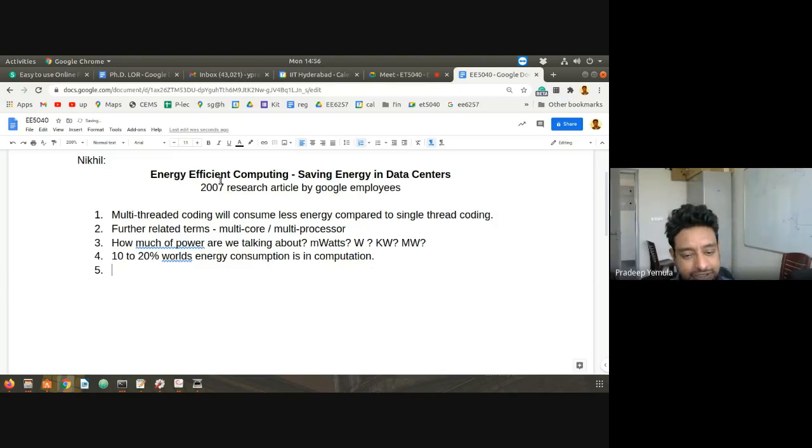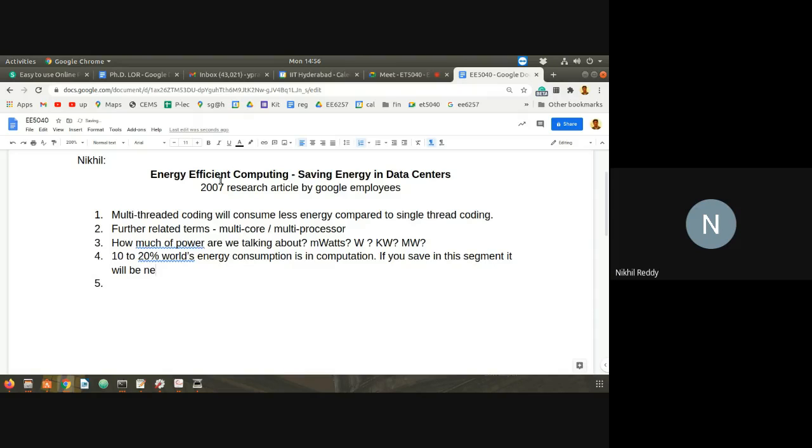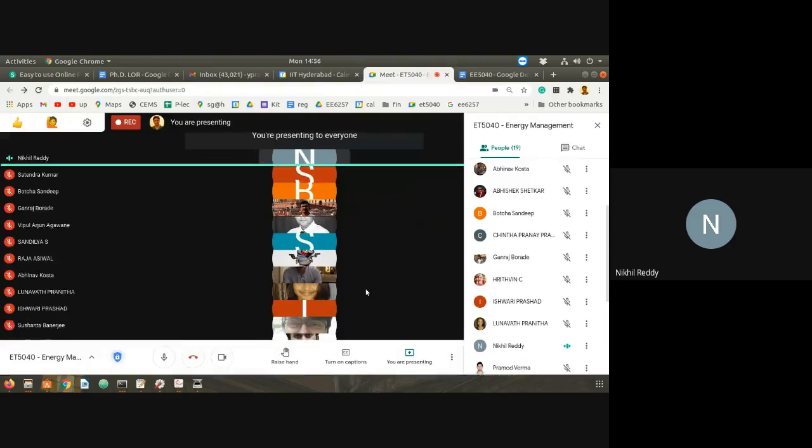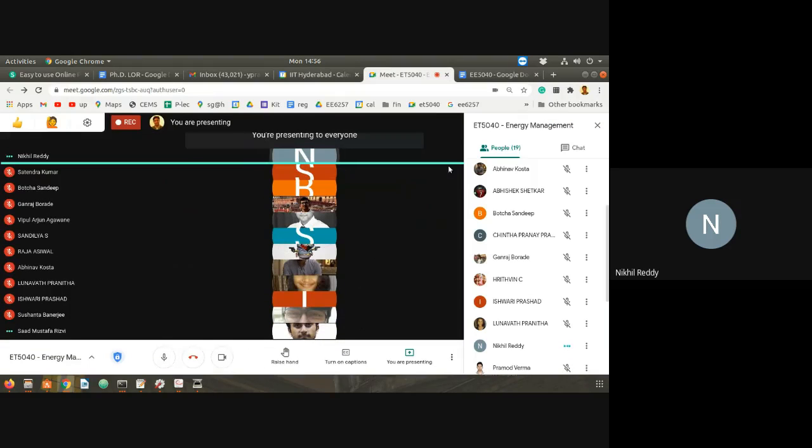Okay, so what you are saying is 10 to 20% of the world's energy consumption comes from computation. Yes. So therefore, if you save in this segment, it will be beneficial. And the idea is this should be very easy to save, compared to making hardware changes or even huge structural changes. Just a minute.